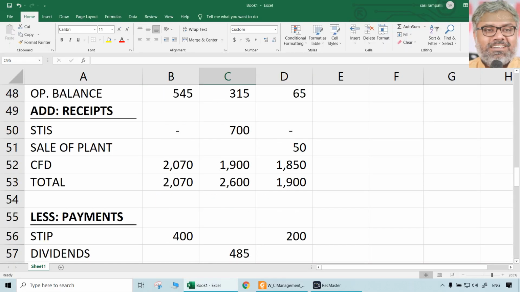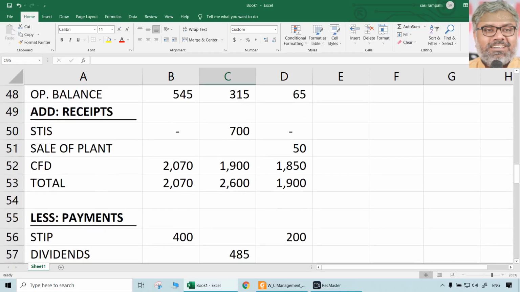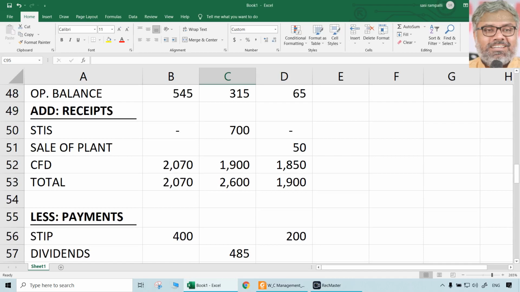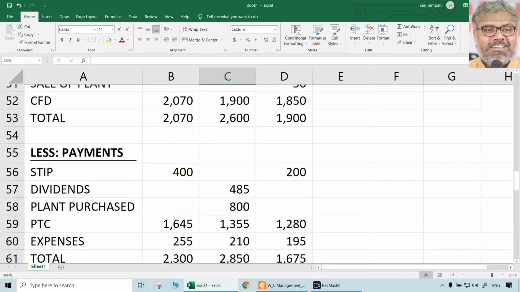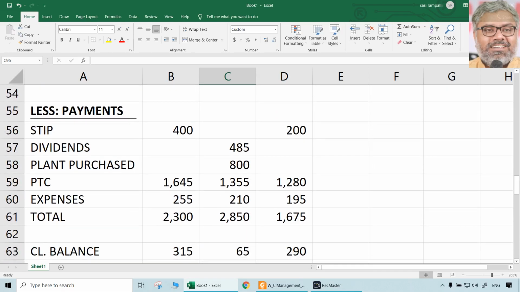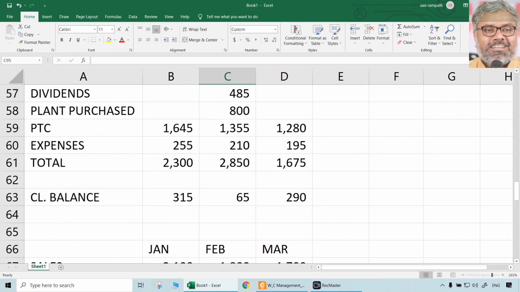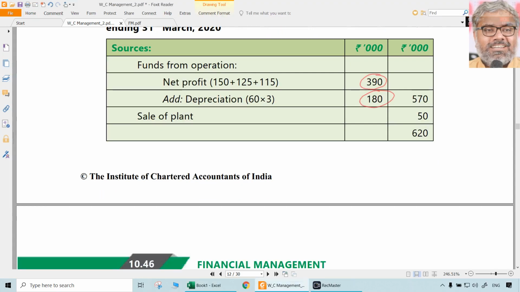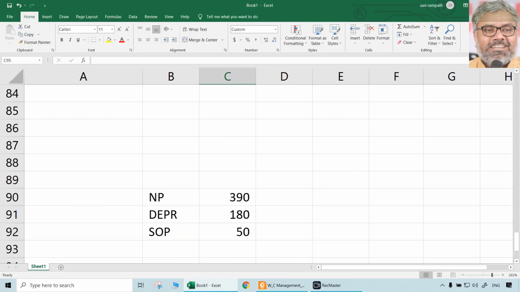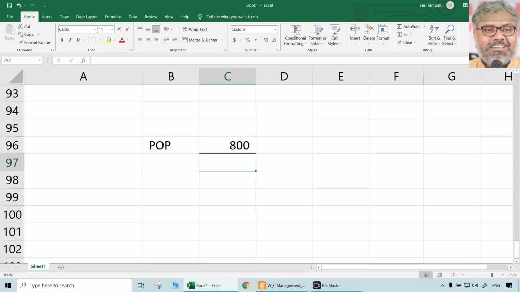When were they paid? In the month of February, but whatever it is, they are paid. That's a kind of financing activity, you can say. Whatever it is, you don't need to disaggregate. We are not preparing a cash flow statement, but something similar to it. As dividends is an outflow, that has to be considered as an application. Dividends.